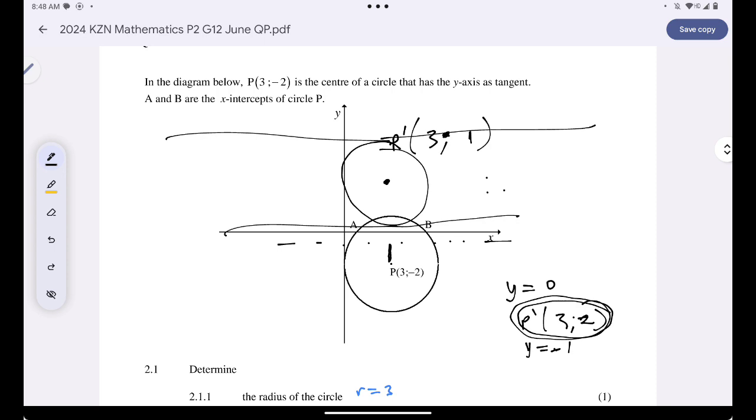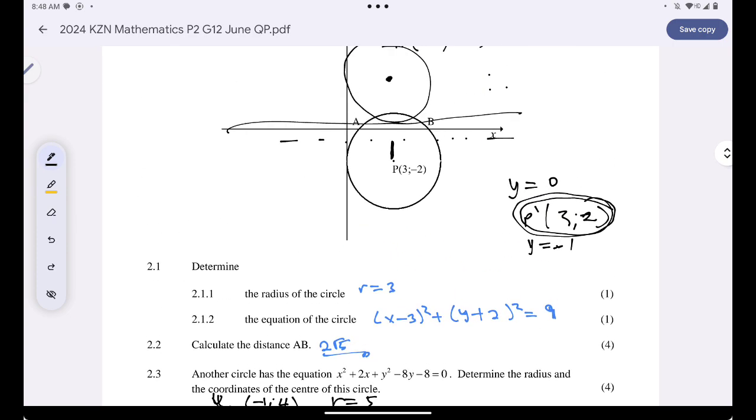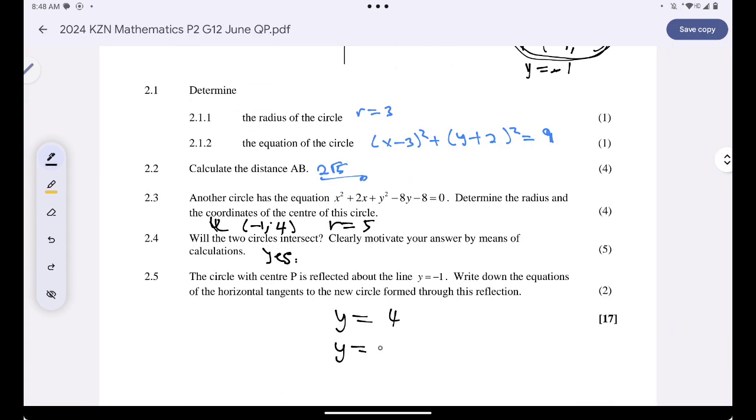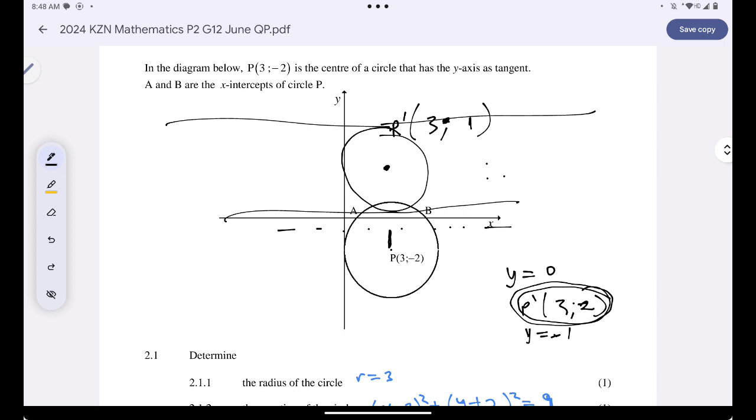If I have 3 here and the y value is 1, it simply means that for the first one, y will be 4, and for the second one, y will be -2. These will be the equations of my tangents.